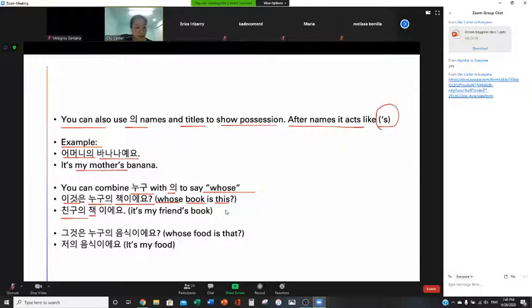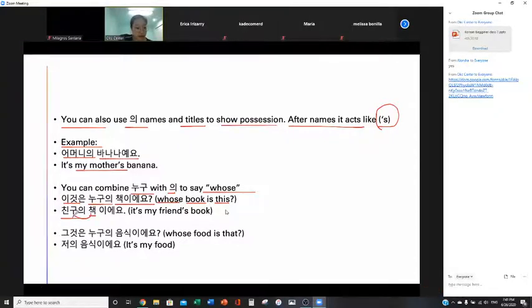This book belongs to my friend, because the possession word is showing it belongs to the friend. It's my friend's book.